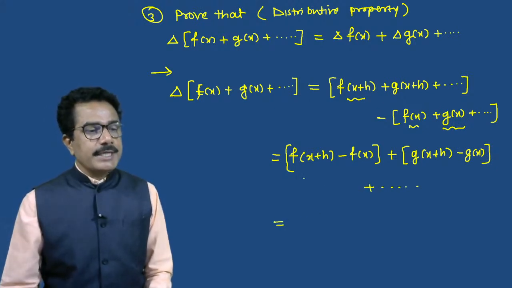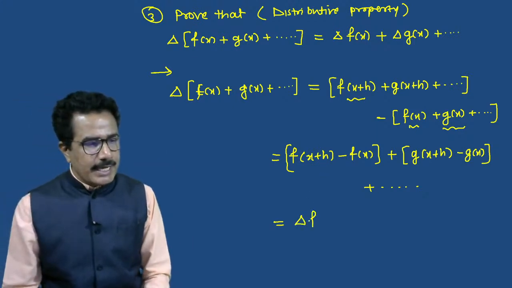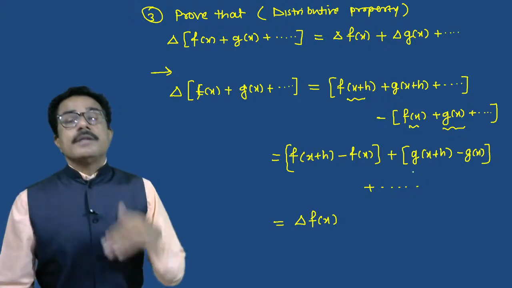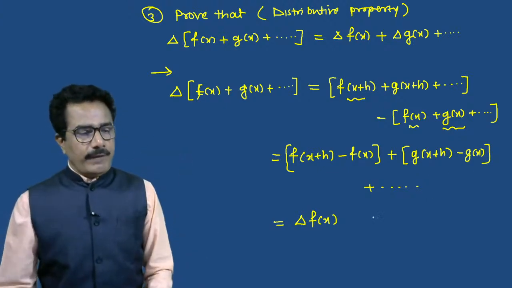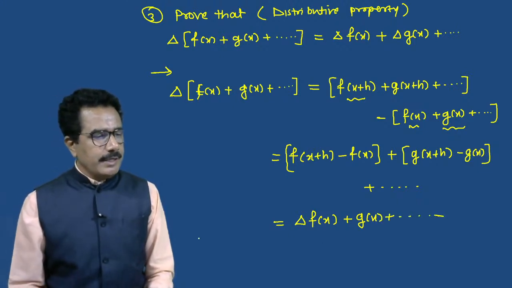So f of x plus h minus f of x can be written as delta f of x. G of x plus h minus g of x can be written as delta g of x plus dot dot dot.